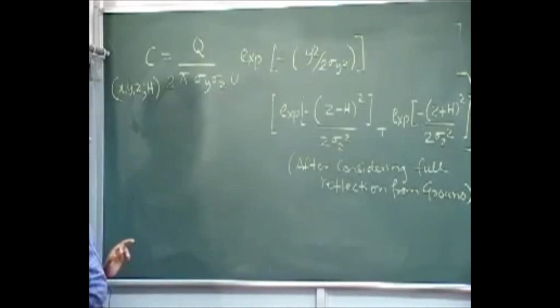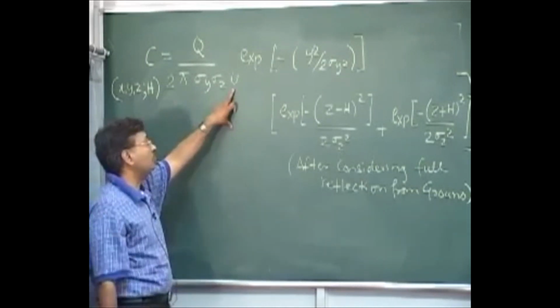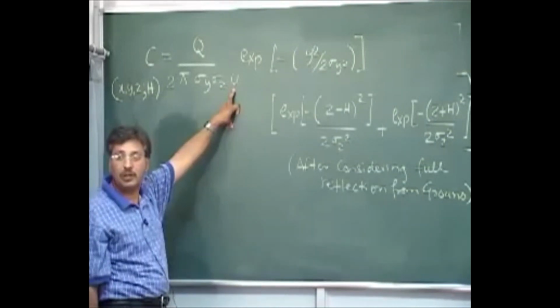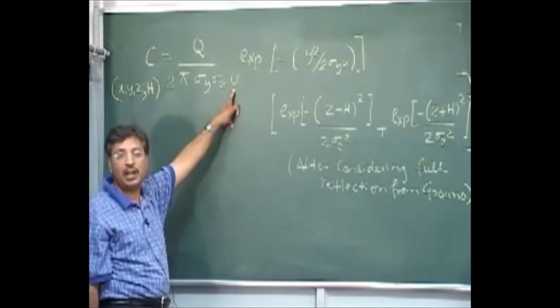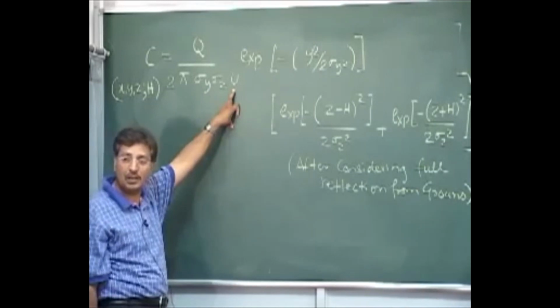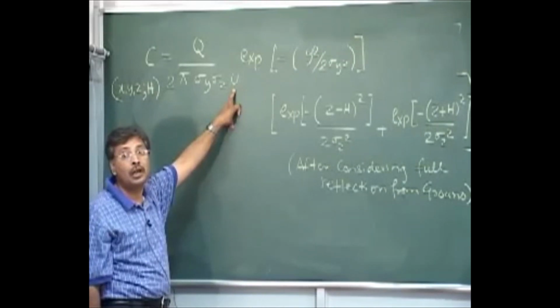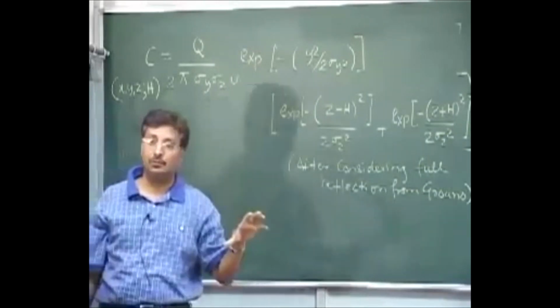Okay. A few things I should tell, or rather you should tell me. This u, we took as the wind speed at ground level, right? Now this u should be at what height? Should it still be at the ground level or at some other height? At H, because this is the wind speed which is affecting the plume.